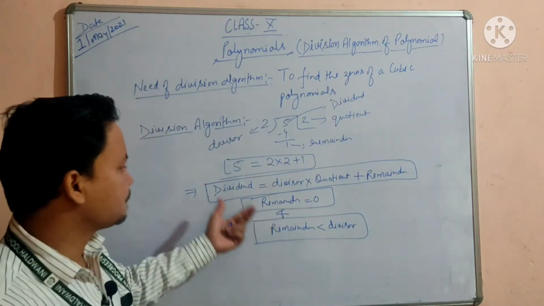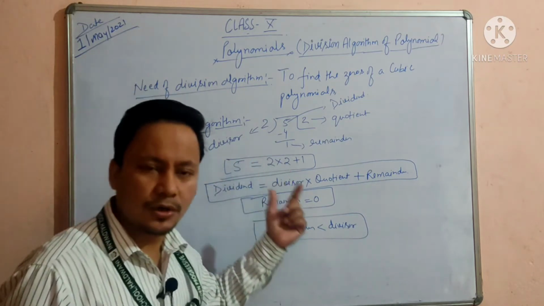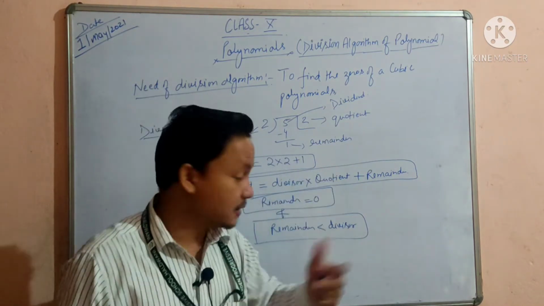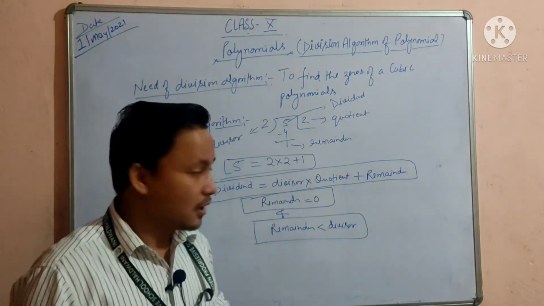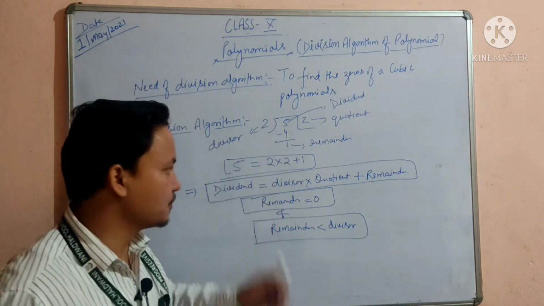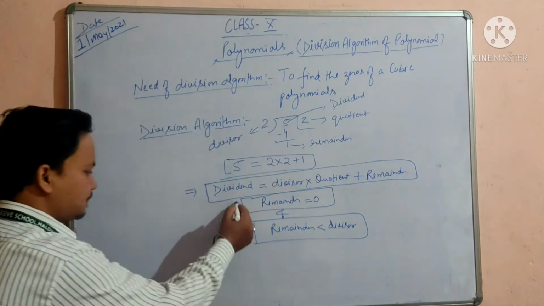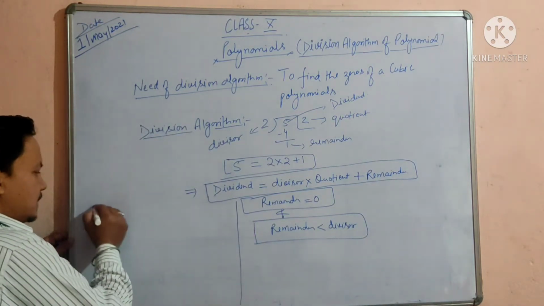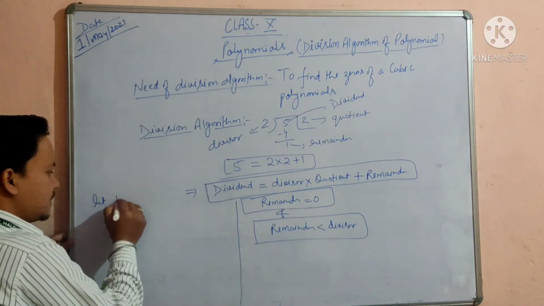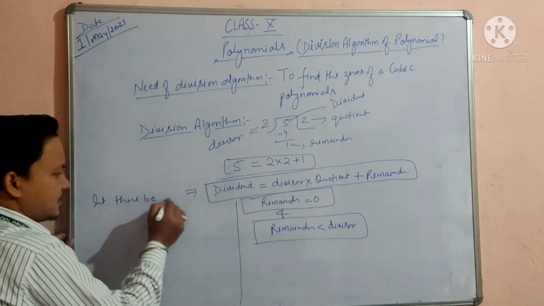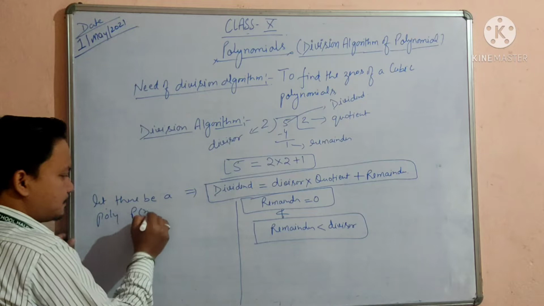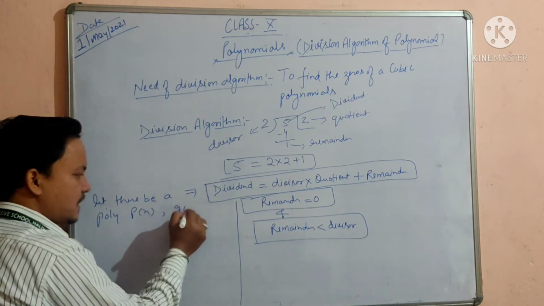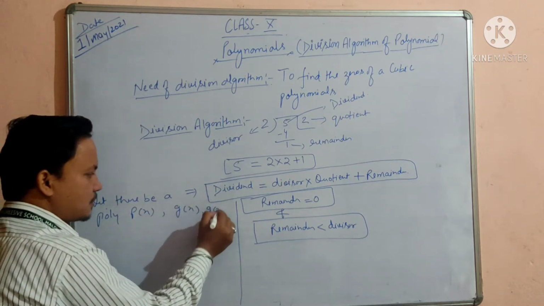Here we have not been given numbers; we have been given polynomials. So we will express these in the form of polynomials. So I am doing here: let there be a polynomial p(x) and a polynomial g(x) where g(x) is not equal to 0.